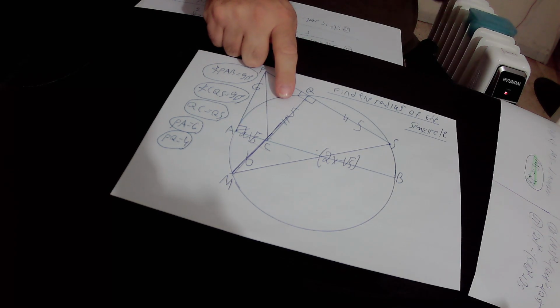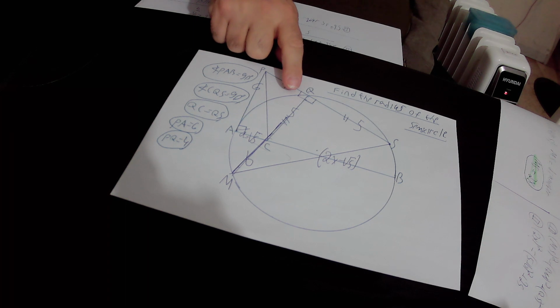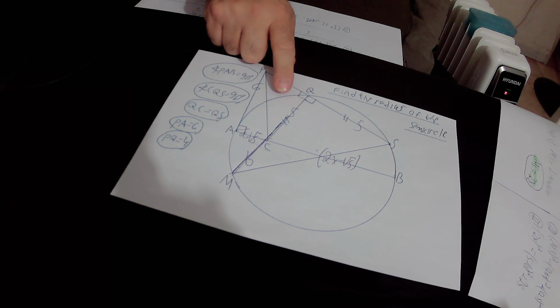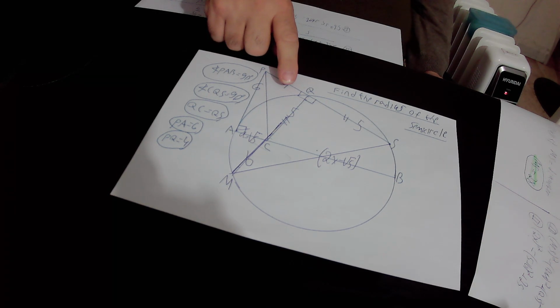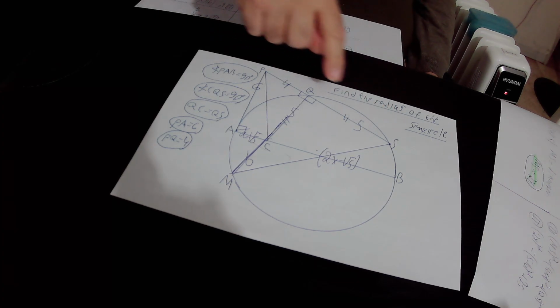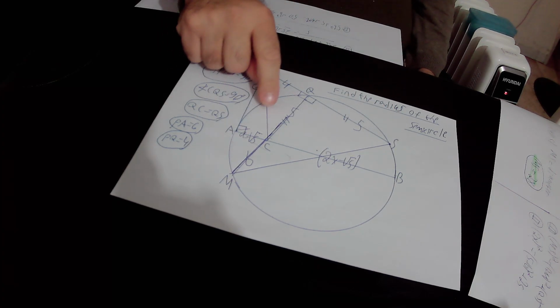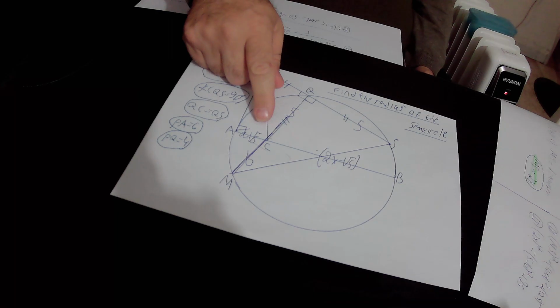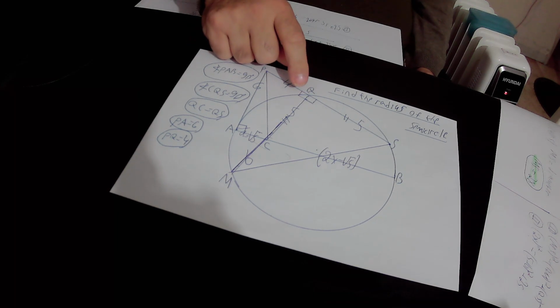When you extend the leg of an angle, you don't change the size of the angle. I repeat again: when you extend the leg of the angle, you don't change the size of the angle itself. Therefore, the new angle SQM after we extended the leg QC still will be equal to 90 degrees.